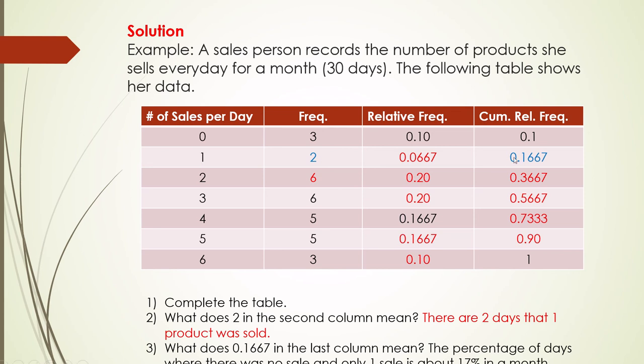I rounded this number to 17. So about 17% of the days there were either no sale or only one sale. Please make sure you understand this table and you can interpret each number in this table.